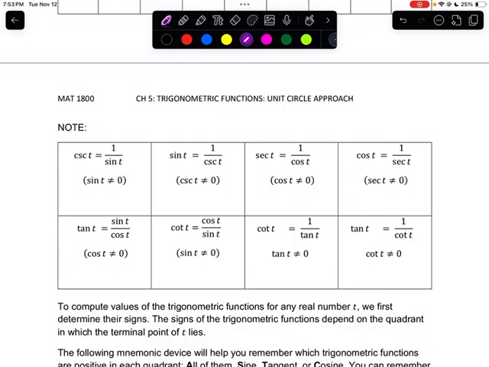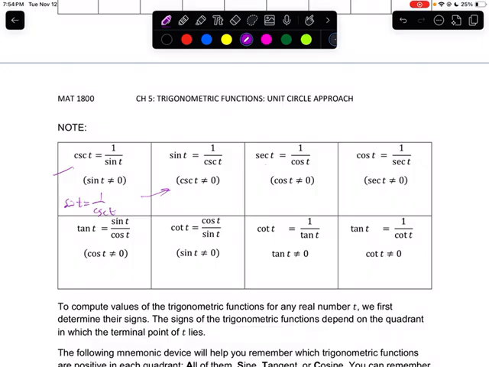Cosecant t is the reciprocal of sine of t, so cosecant t is 1 over sine of t, and in the same way sine of t is equal to 1 over cosecant of t. Both are reciprocals of each other. That's what I have written here. Then secant of t is 1 over cosine t, and so cosine t is 1 over secant t.